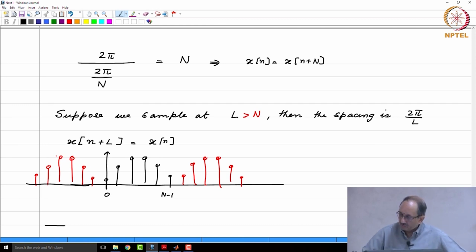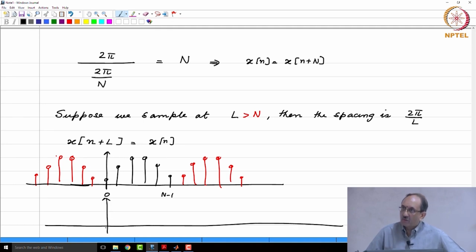Now coming to the situation that you raised, now you are going to sample it at a larger number of points, and hence, so this is my original sequence. I am now sampling it at cap L, which is larger than n.